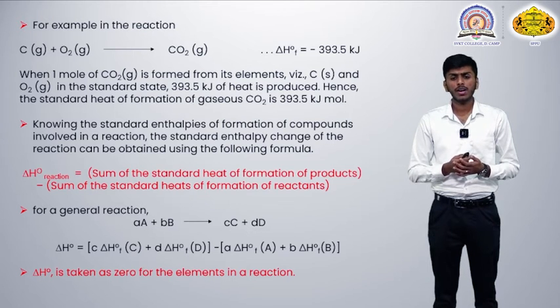In general, for the given reaction, we take the standard heat of formation of C and D, the products, multiplied by their respective moles, minus the standard heat of formation of the reactants. Delta H naught is taken as 0 for the elements in the reaction.